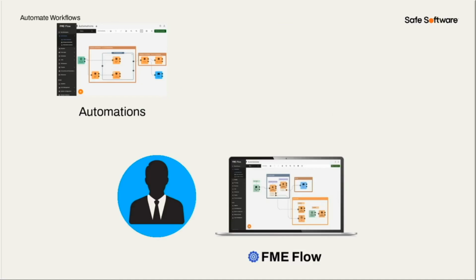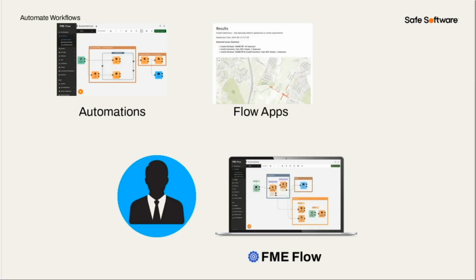In FME Flow, you can automate your workflow using the FME Flow automations. So this allows you to run your workflow based on different trigger events, and we'll go over trigger events in a little bit. On FME Flow, you can also use FME Flow apps. So these are code-free applications that you can build entirely on FME Flow.